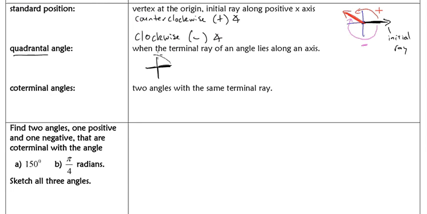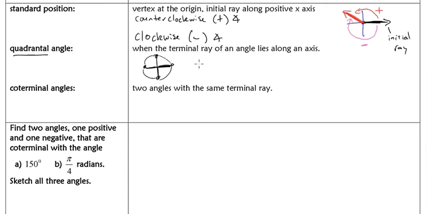Okay, so when is it a quadrantal angle? It's when the terminal ray of the angle lies on an axis. Whether it's x or y doesn't make a difference, but that's when it's a quadrantal angle.